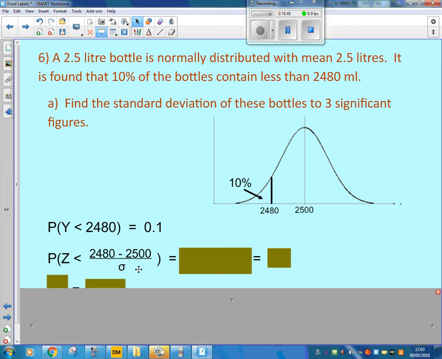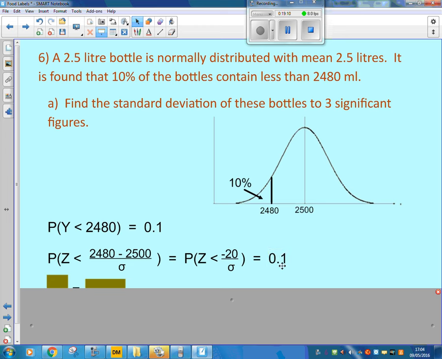Previously, I knew the standard deviation. So here I get 2480 minus 2,500 over that is there. Now, I can do that subtraction. 2480 minus 2,500 is minus 20. So I know that this value here, P(Z less than minus 20 over the standard deviation), is 0.1.